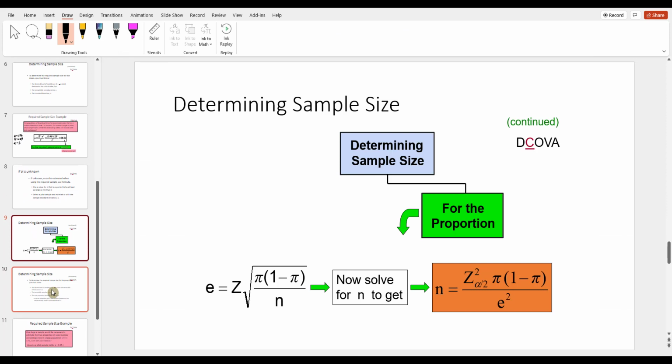Okay, so now let's talk about how to determine the sample size for the proportion. So the sampling error, or the margin of error, in the confidence interval for the proportion is z times the square root of pi times 1 minus pi all over n. We're going to solve for n, and we get z squared times pi times 1 minus pi all over e squared.